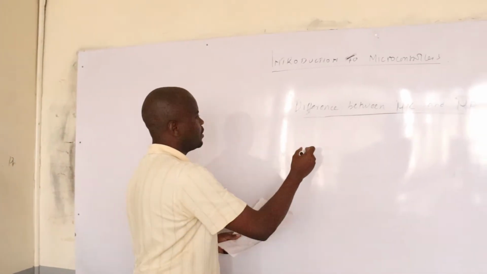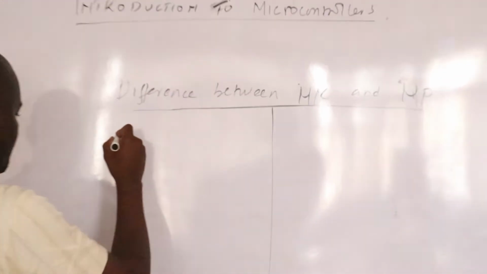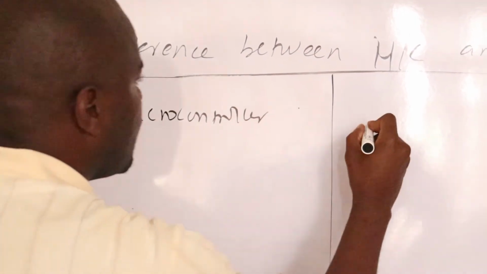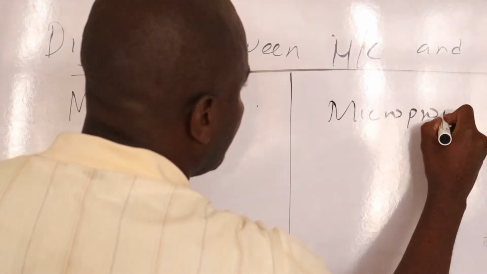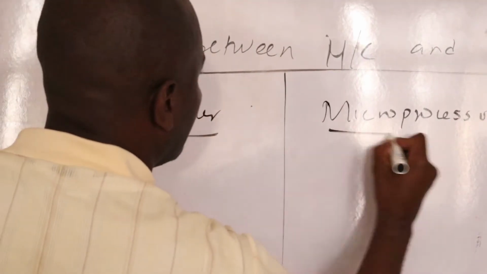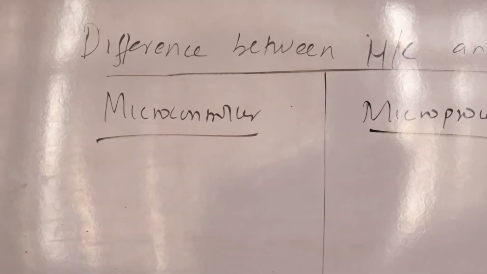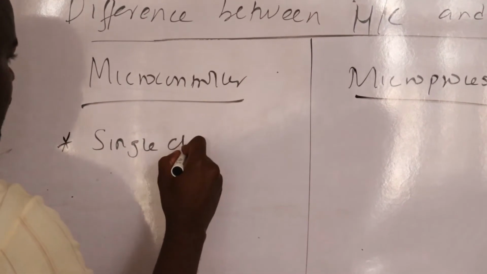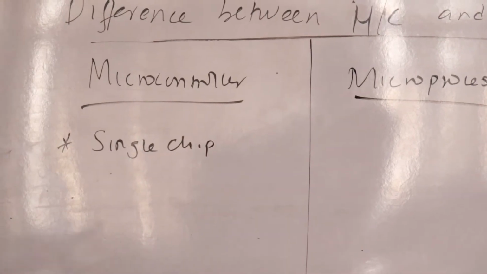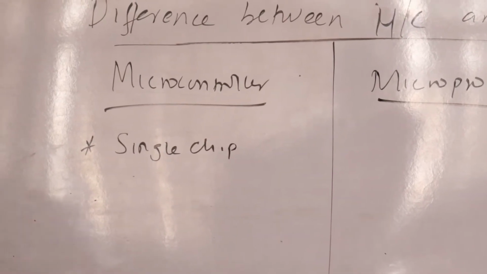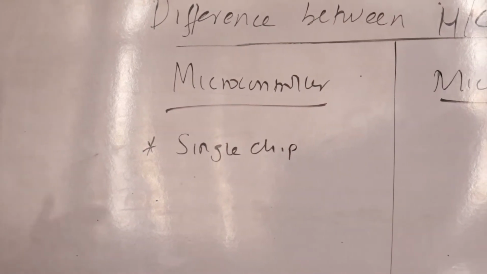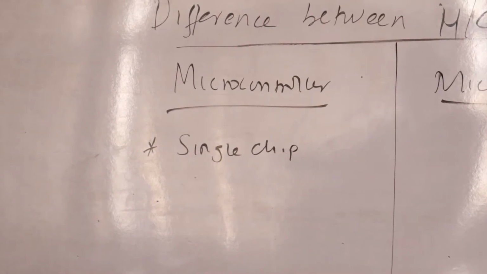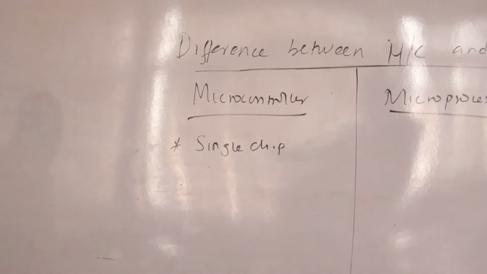The first difference is that the microcontroller is just a single chip, and it is a complete computer. It usually has a RAM, a ROM, serial interface, parallel interface, timer, and interrupt handling circuit.